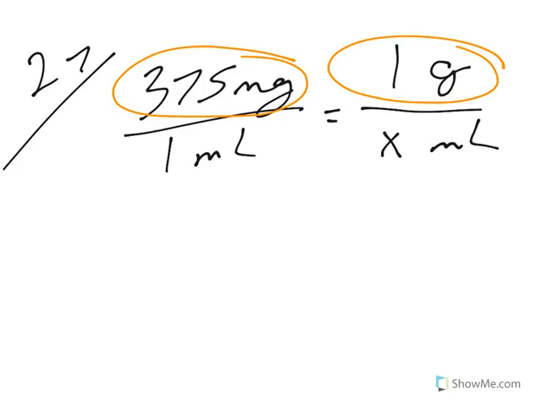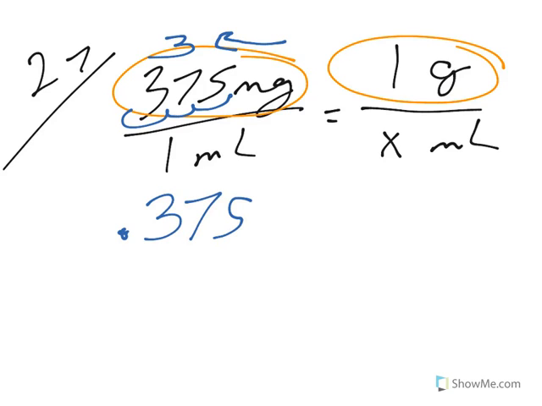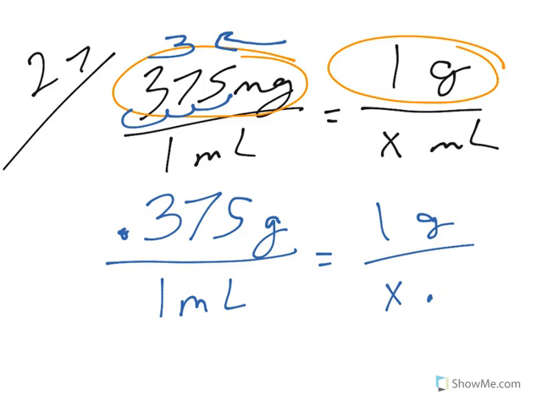I remember that for milligrams to grams, I have to move my decimal to the left 3 places. So 1, 2, 3. So my new proportion is 0.375 grams, because I changed milligrams to grams, over 1 milliliter, is 1 gram over x milliliters. Okay, now I have grams on the top, milliliters on the bottom, I'm ready to go.